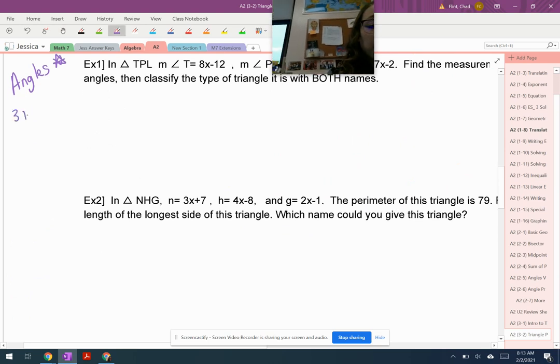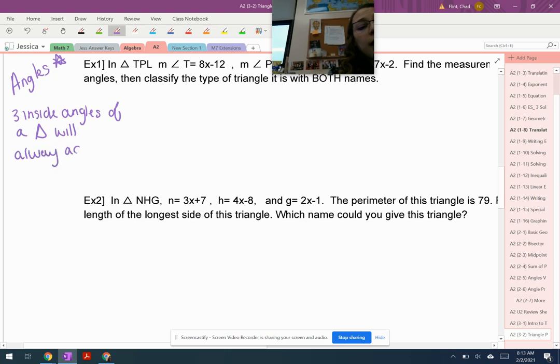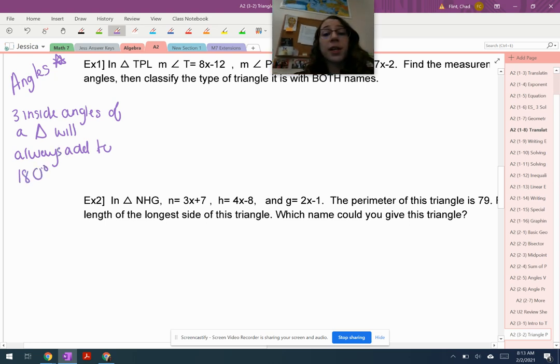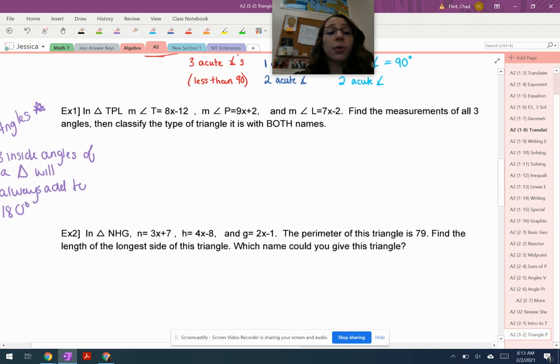So we know the three inside angles of a triangle will always add to 180 degrees. So we're going to use that fact to make an equation.